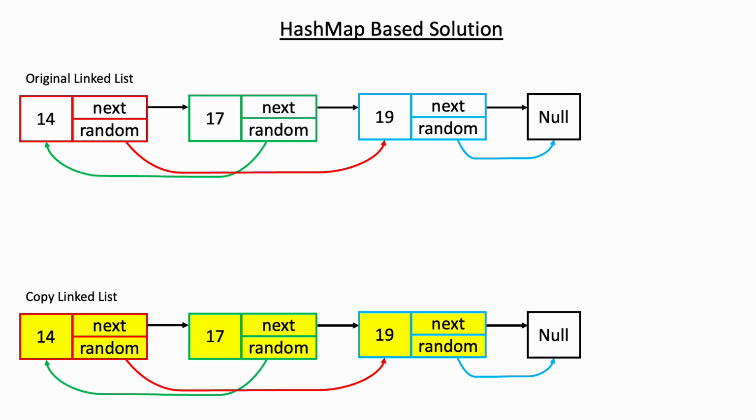For mapping, as we have discussed in previous videos, HashMap is the best data structure because it provides faster lookup of O(1). This solution can come intuitively to you by practicing similar problems and learning how different languages do deep copy of objects. Next, let's jump into the visualization of the solution.